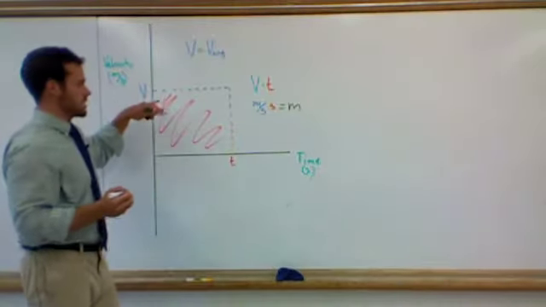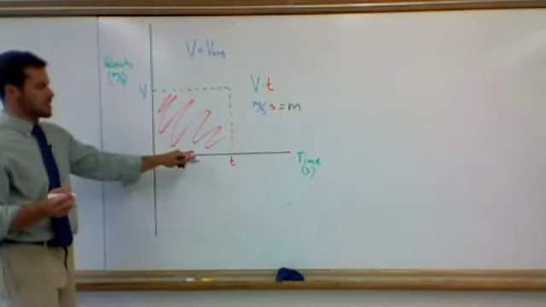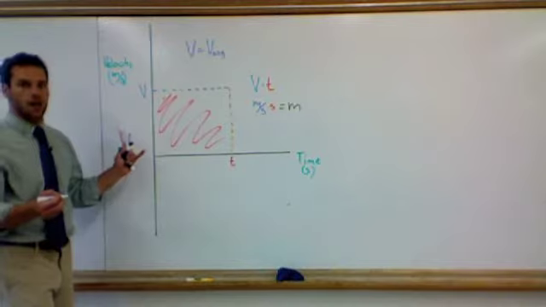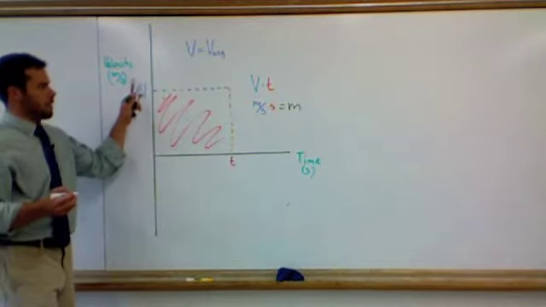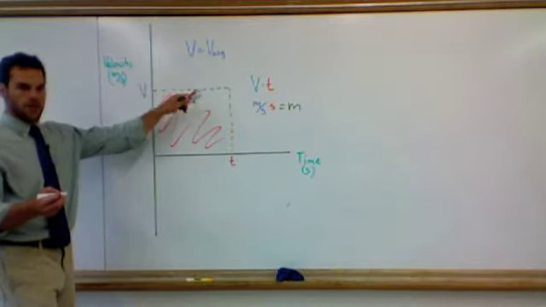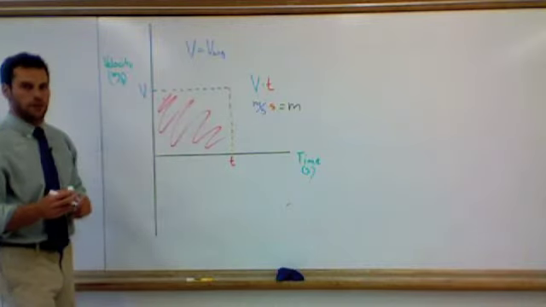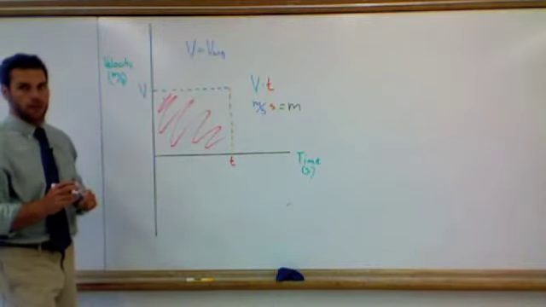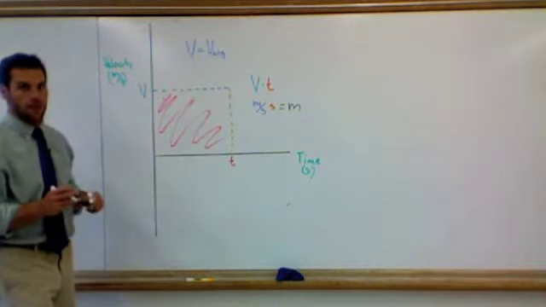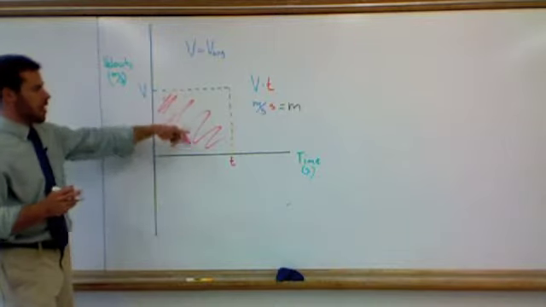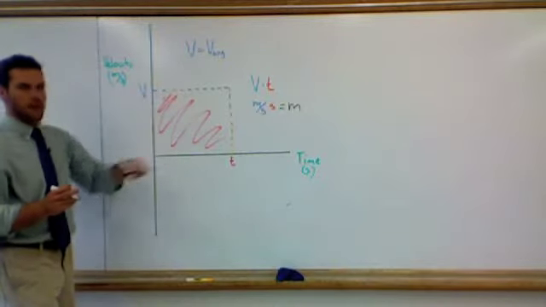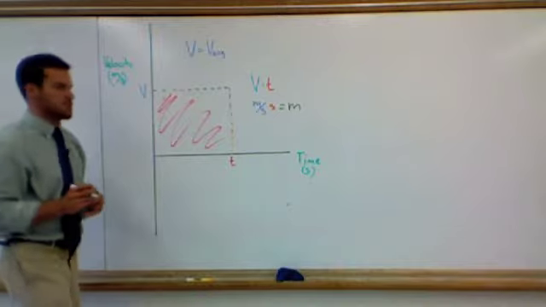So from this graph, a velocity time graph, we can tell that for a constant velocity, the area under the curve, and actually it doesn't even matter whether the velocity is constant or not, as we'll see in a second, but the area under the line, between the line and the axis, is going to be our change in position.